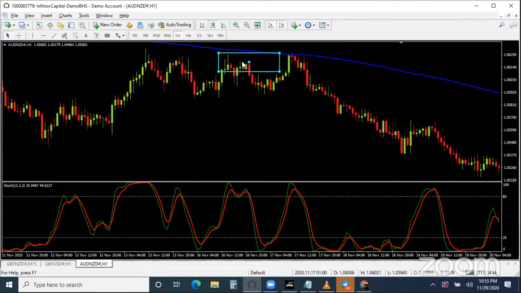We did something like this, and we said stop loss is going to be above. Ladies and gentlemen, from experience, if you're going to do this, and this is happening outside of your kill zone, and you insist on taking this trade, don't put your stop loss here. Look for the recent high above this that is not too far away, and put your stop loss above it.